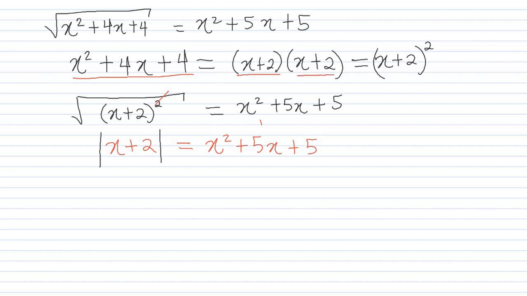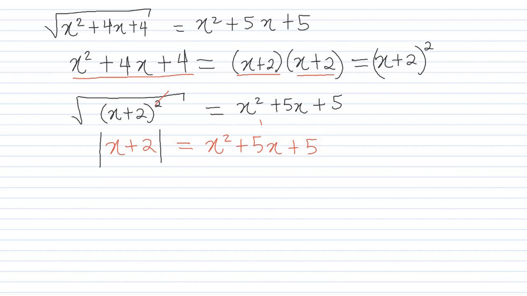When you expand x plus 2 and x plus 2, you end up with x squared plus 4x plus 4. But x plus 2 multiplied by x plus 2 is the same thing as x plus 2 squared. Hence, we can put x plus 2 squared in the square root, and you can cancel out. So what you end up with equals x squared plus 5x plus 5.